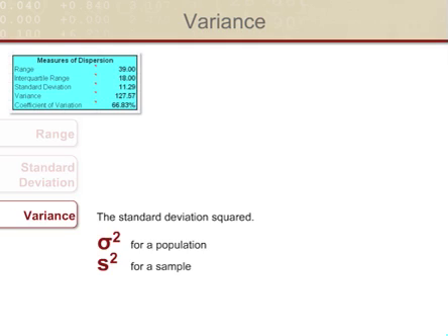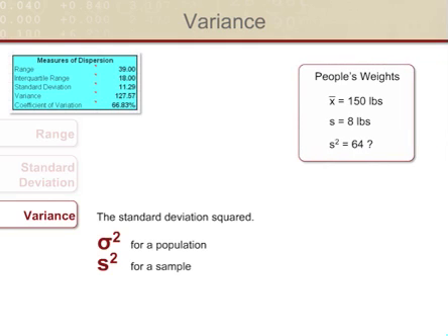And it really doesn't tell us much as far as I'm concerned, because the problem I have with it is the units. While a standard deviation is in the units of the data, the variance is not. So if I had a case where I'm looking at, let's say, people's weights, and the mean weight was 150 pounds, and the standard deviation of the weights were, say, 8 pounds, the variance in that case would be 64.